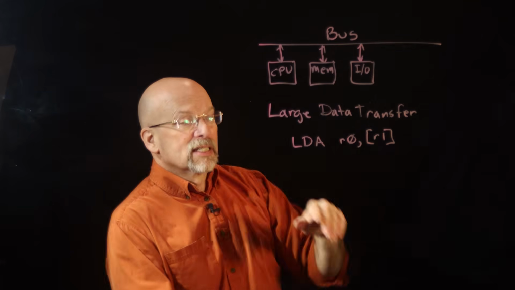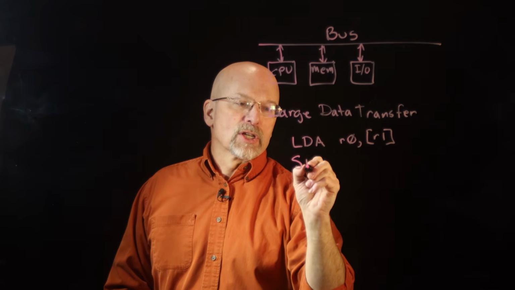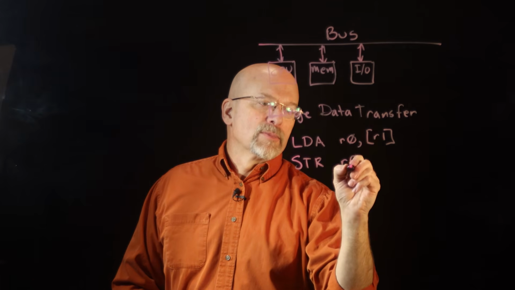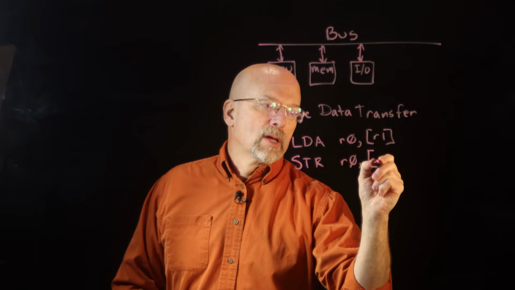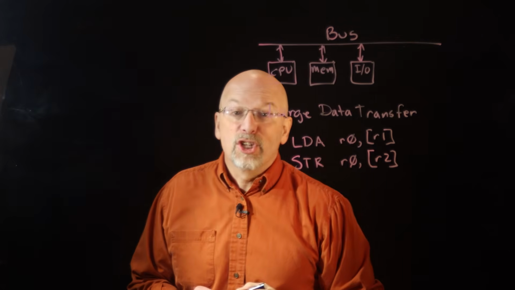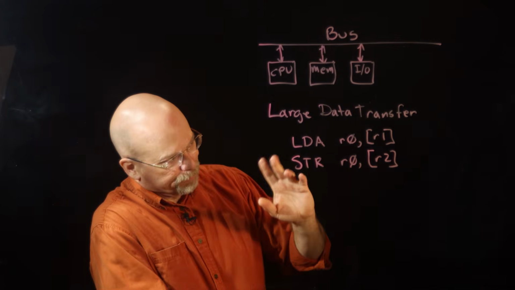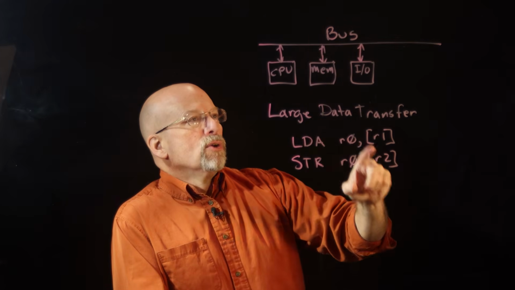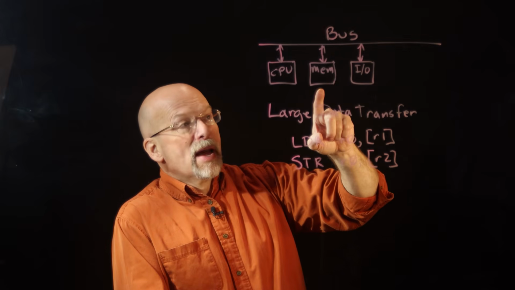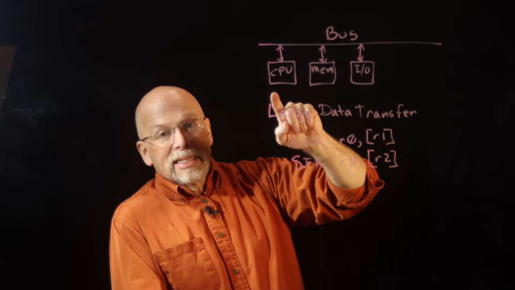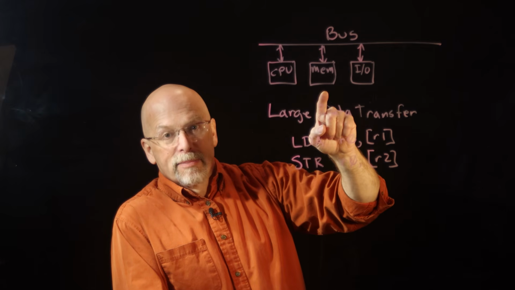Now, the second step is to take the data that we just read and store it. So we're going to store R0 to what R2 is pointing to. All right? Now, R2 is probably pointing to an address in memory. So we've got one read into the CPU and then a write from the CPU.